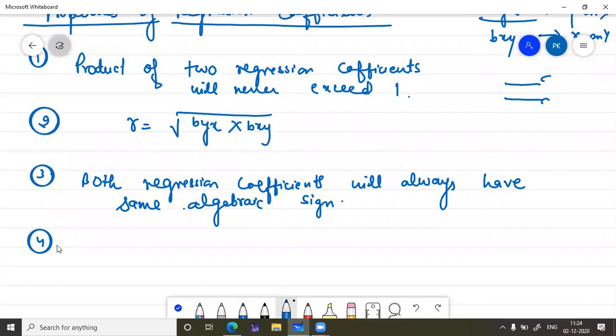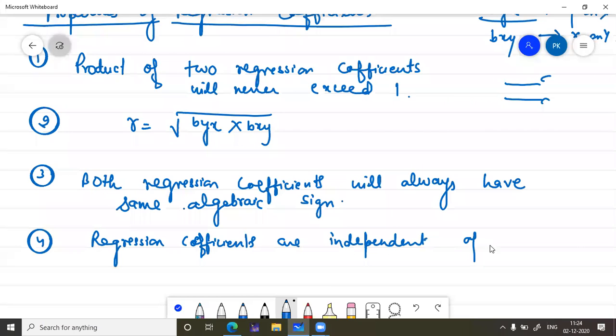Fourth property is regression coefficients are independent of change of origin but not of scale.